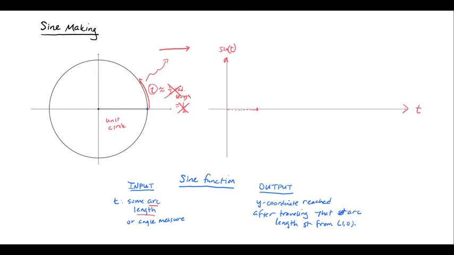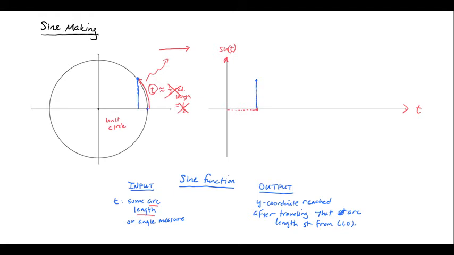Then our output, the thing we're going to graph on the vertical axis, is going to be our y-coordinate. The y-coordinate is just how far this point is from the horizontal axis. In this case, that seems to be about this much. So we're going to end up with a point somewhere around here. I'm just taking this length here and transplanting it over.